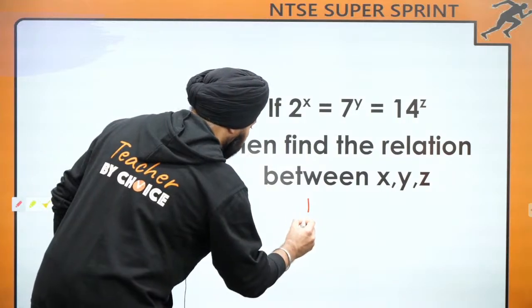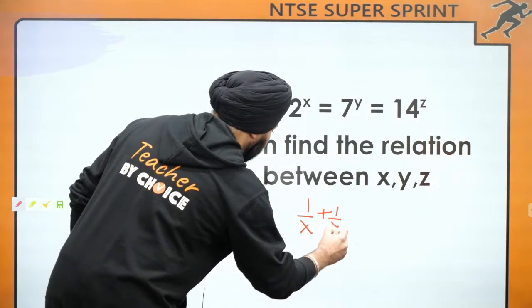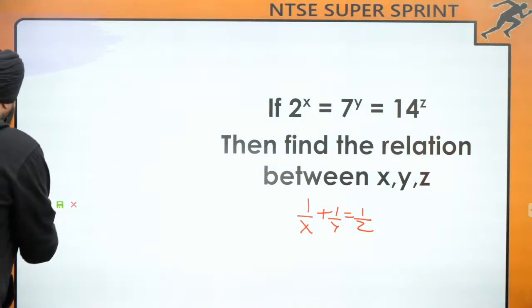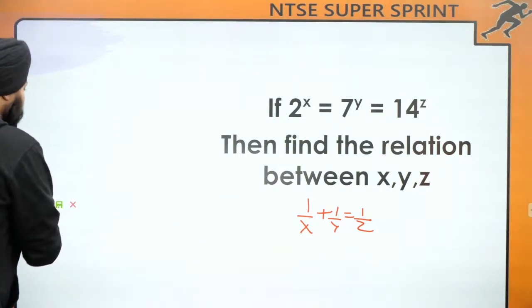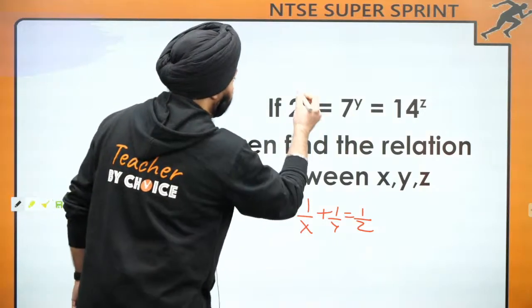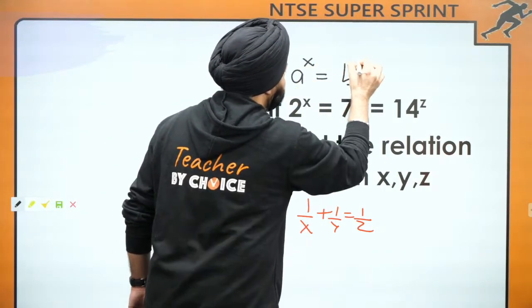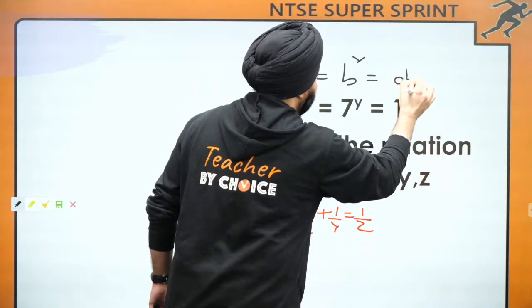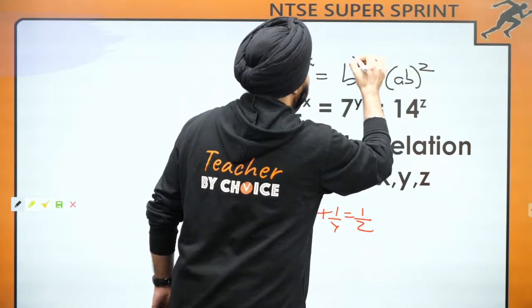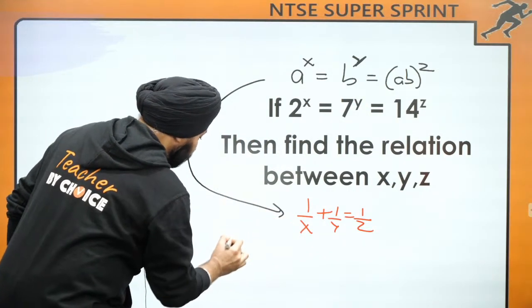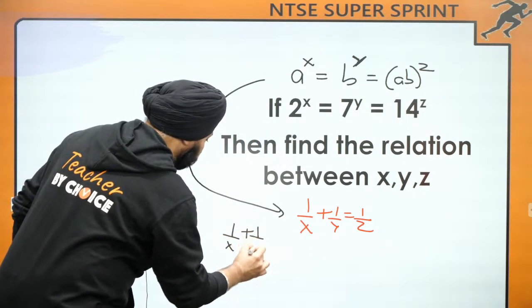Our expression is 1 by x plus 1 by y equals 1 by z. Let's generalize this. If instead of this I write a raised to power x equals b raised to power y equals ab raised to power z, the expression remains the same, that is 1 by x plus 1 by y equals 1 by z.